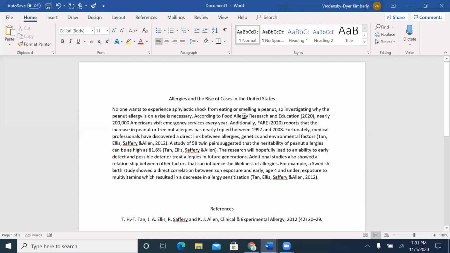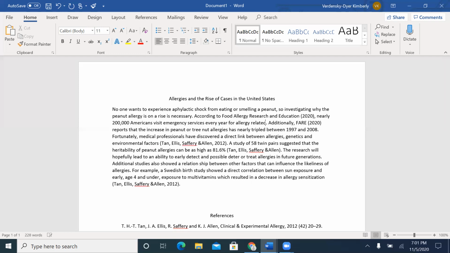I need to qualify why every year, for allergy-related incidences. So again, I'm rereading my writing before I decide I'm done, rereading it for clarity. According to Food Allergy Research and Education, nearly 200,000 Americans visit emergency services every year for allergy-related incidences.